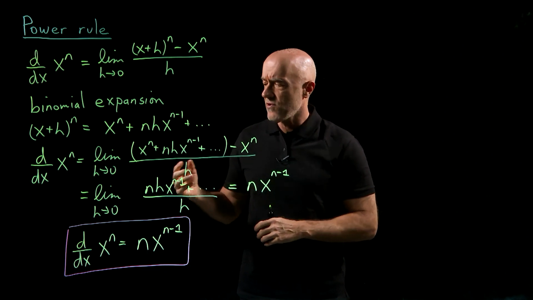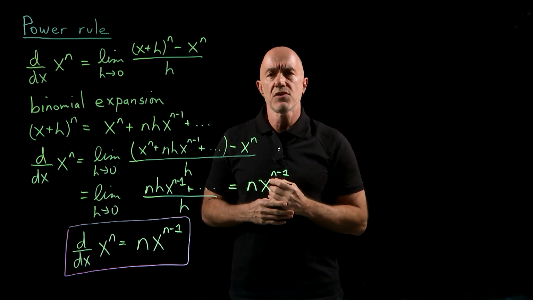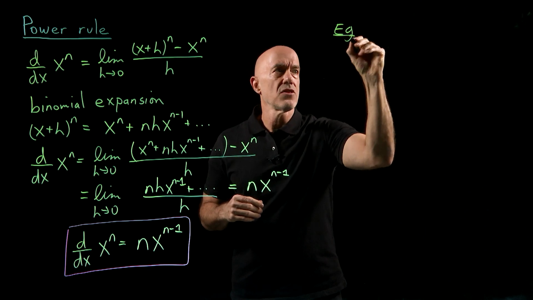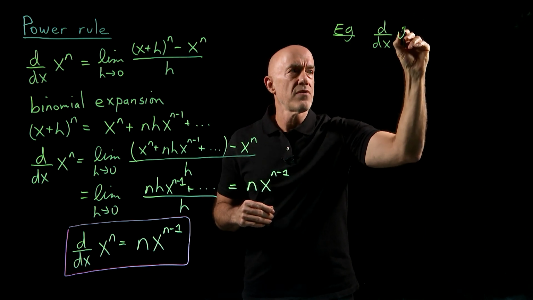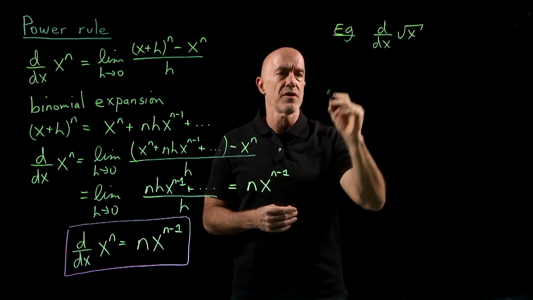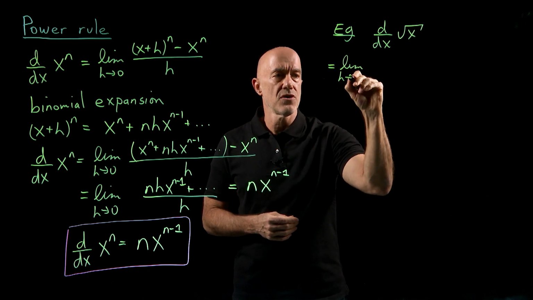We can try it for the square root just to show you how it would work. So as an example, we can look at d/dx of the square root function. That would be x to the 1/2 power. So this is equal to the limit as h goes to 0.